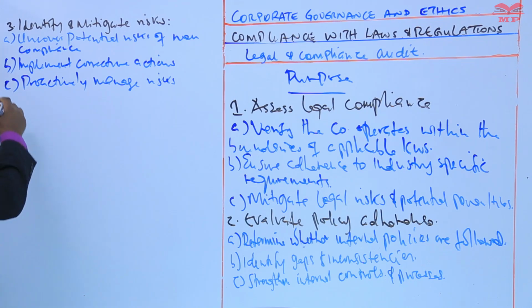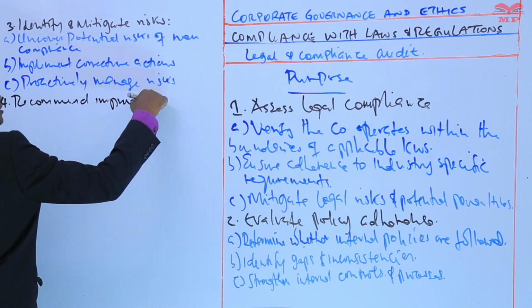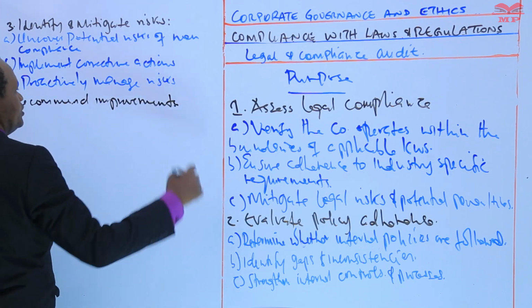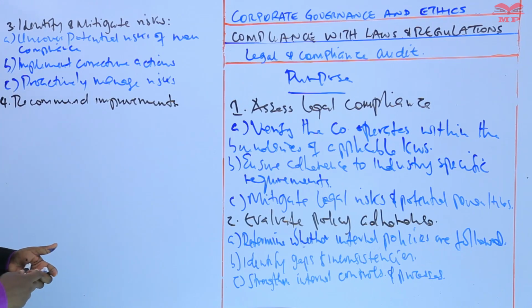Four is to make recommendations or to recommend improvements. We know that organizations are operating in environments that are not constant.